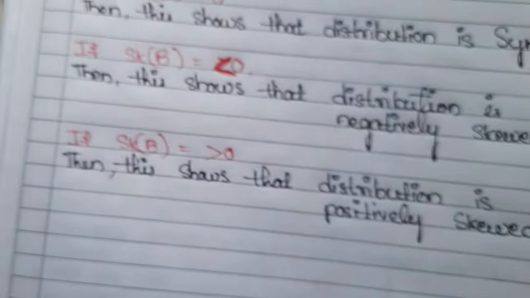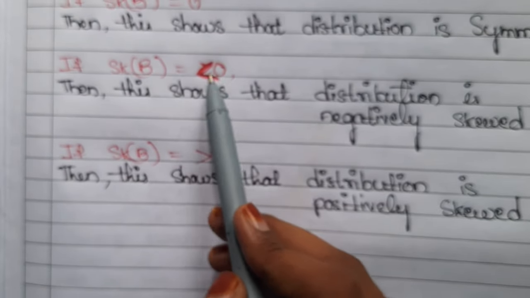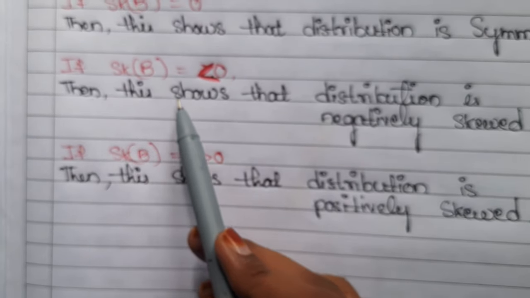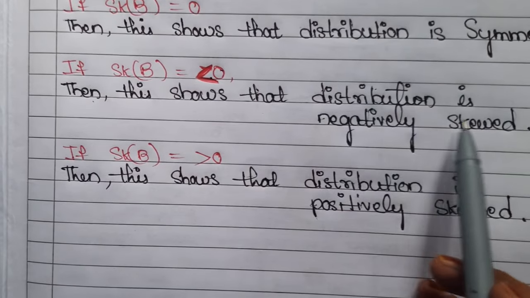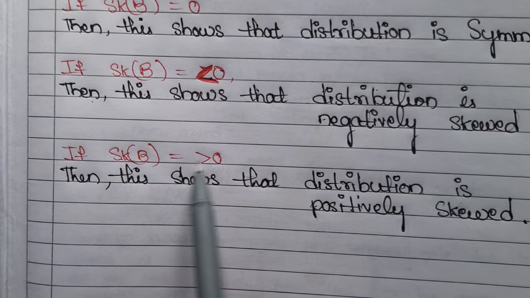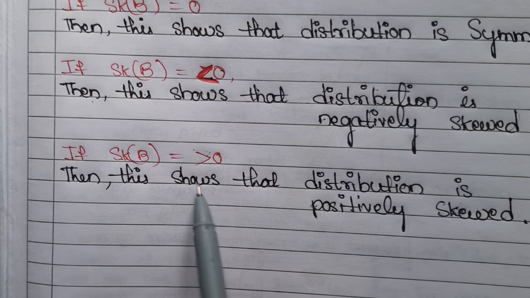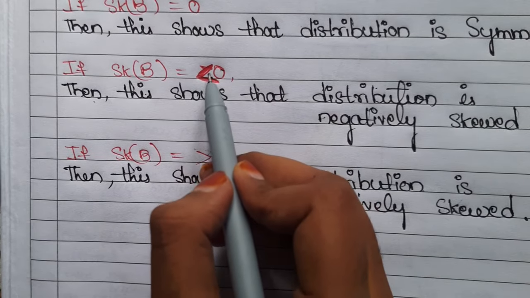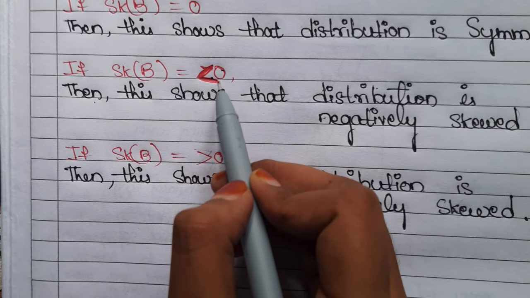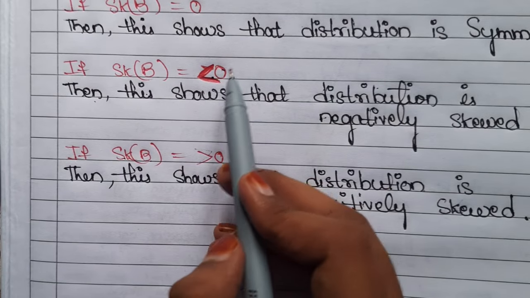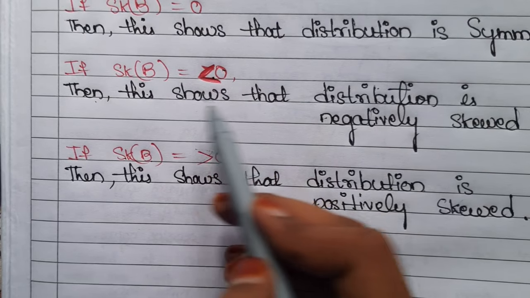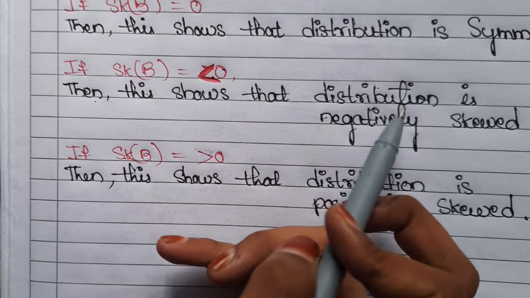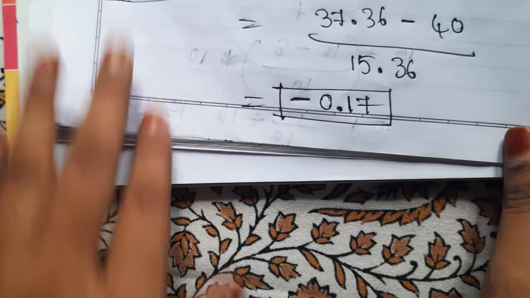But if it is less than 0, you have to write that this distribution is negatively skewed. If it is greater than 0, then you have to write that the distribution is positively skewed. So ours is less than 0, right? It is in the negative. So if it is in the negative, less than 0, we have to write this shows the distribution is negatively skewed.